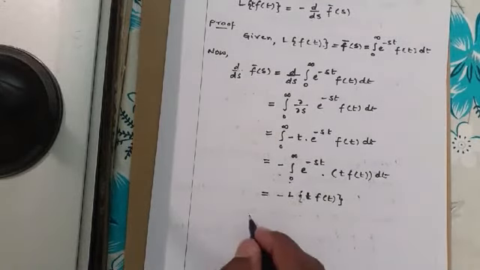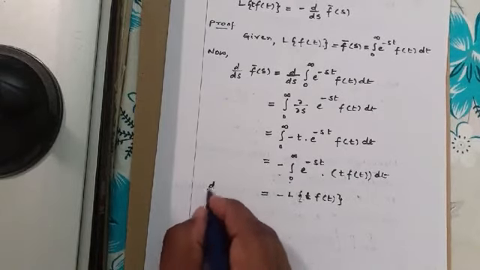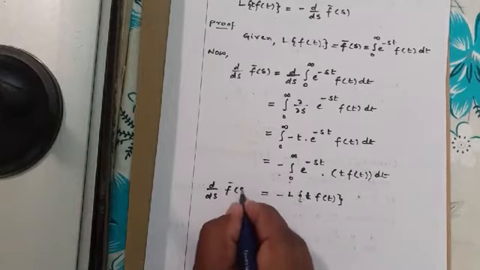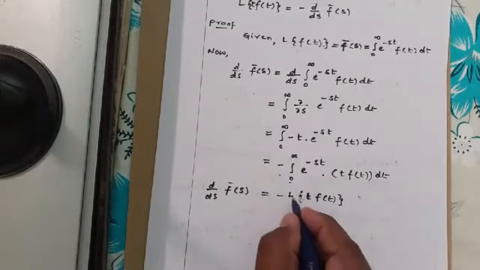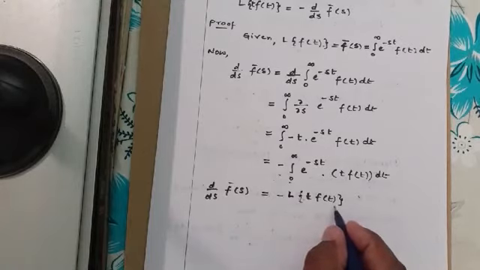Now after this we can write, here we have started from d by ds of f bar s, and we got that is equal to minus Laplace of t into f of t.